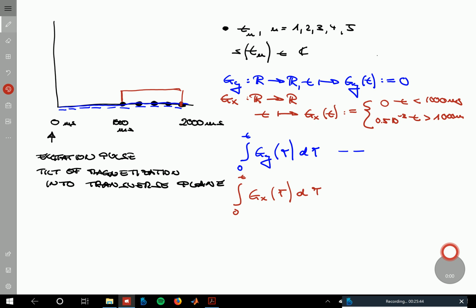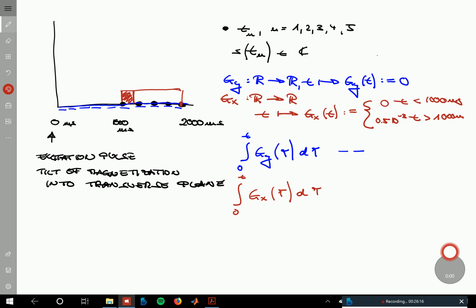Now, what about the integral of the x gradient as a function of time? First of all, what's the integral if I look at the integral of gx at this time point here? What do I have to fill with red to say this is the integral? All left of it. So this, right? Good. And now assume that I plot this for each point in time.